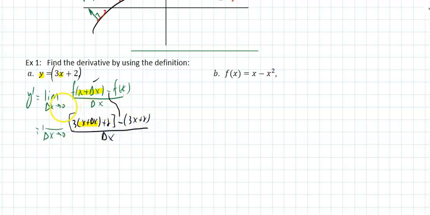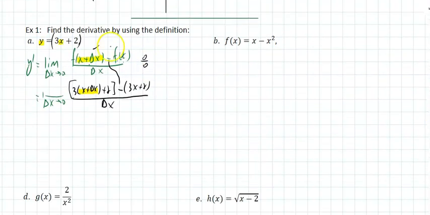Now do you notice here, if you let delta x equal 0, you'll get f of x minus f of x, which is 0 over 0. So what does that mean? You need to manipulate every time. The key is this delta x must cancel out, because that's the only 0 in the denominator. So all you have to do is apply what you know from algebra: distribute the negative.